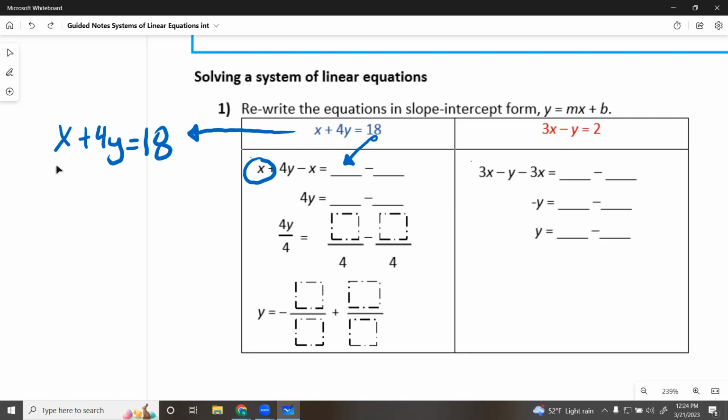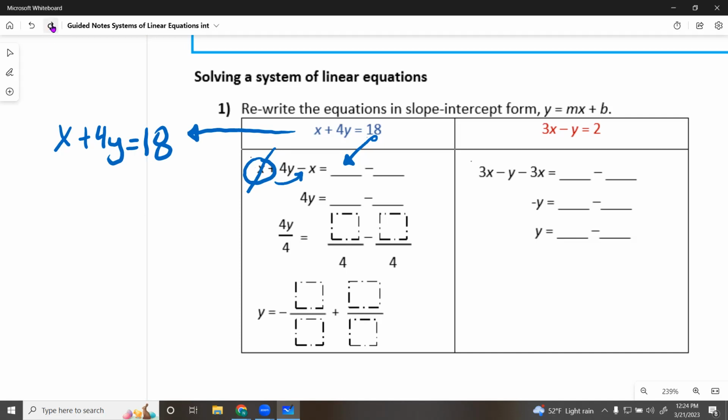So right here, there is no minus sign in front of the x, so to undo that x, to get it over onto the other side, we have to subtract the x. They show that in a linear form by taking the x plus, there's no negative sign in front of the x, and they subtract it this way.